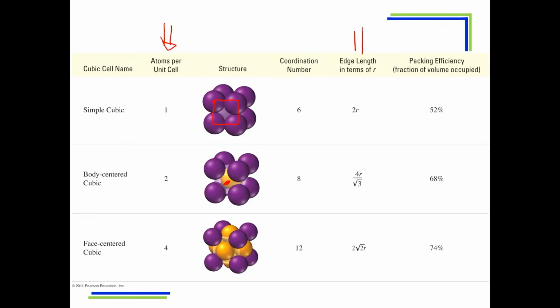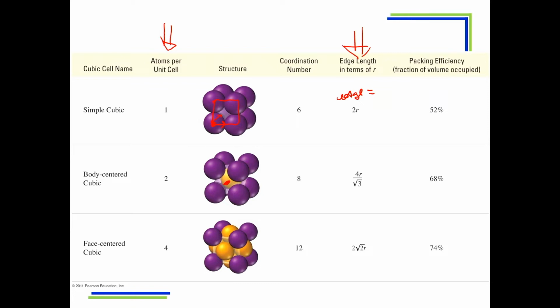The next one is a relationship between the radius of the atom, okay? And what's the radius? The radius goes from here to the outside edge, or from here to the outside edge. That's the radius, okay? And the edge length, okay? So the edge, EDGE, equals 2 times the radius. And it's easy to see it here.